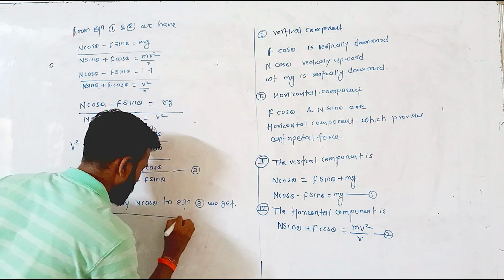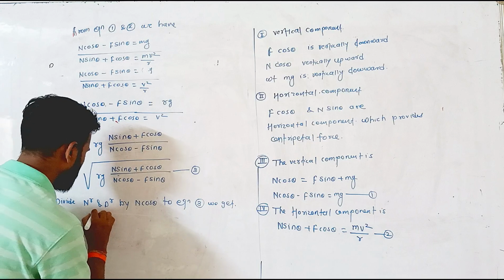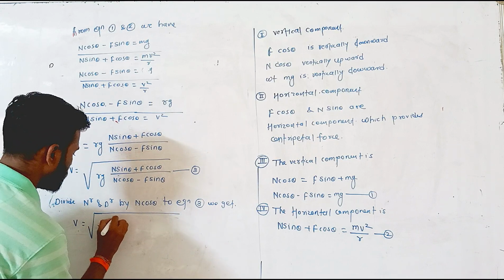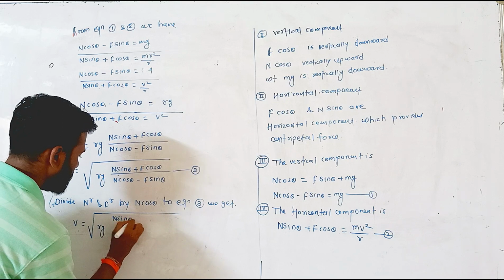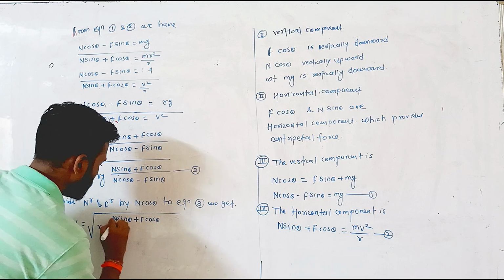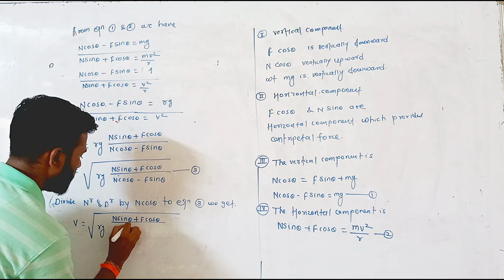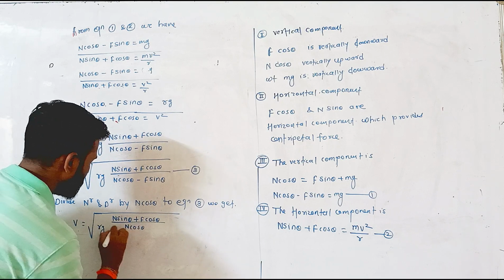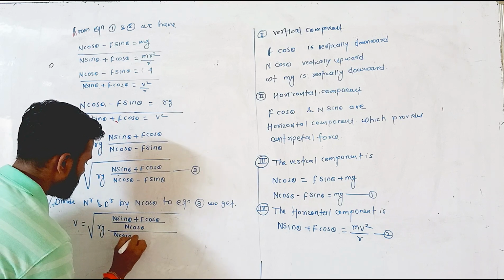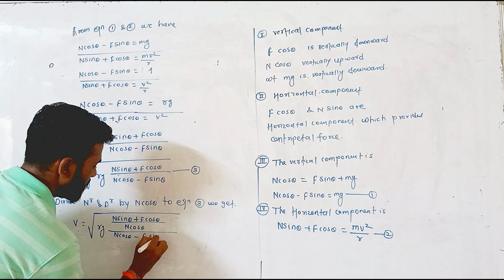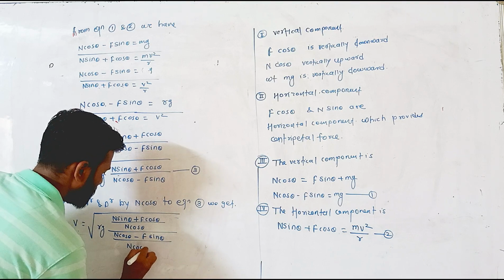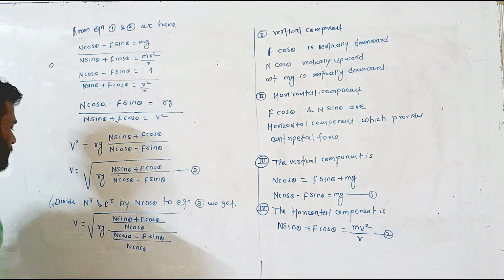V equal to under root rg, n sin theta plus f cos theta divided by n cos theta, again divided by n cos theta minus f sin theta divided by n cos theta.